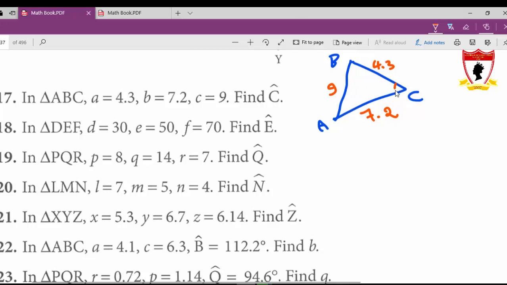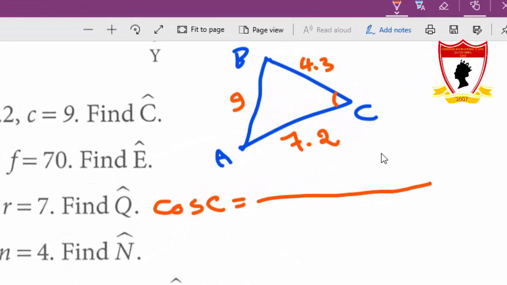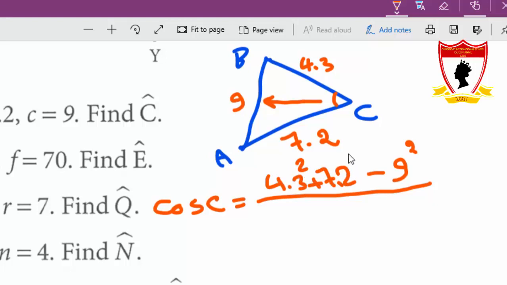We need to find angle C. To find angle C, we state cosine of C is equal to, since it's cosine of C and C is opposite, the 9 must be after the negative. 9 squared must be here. The other two sides squared, 4.3 squared plus 7.2 squared, both over 2 times 4.3 times 7.2.